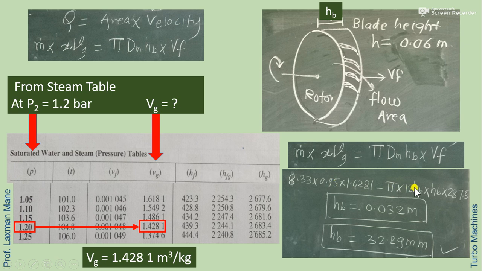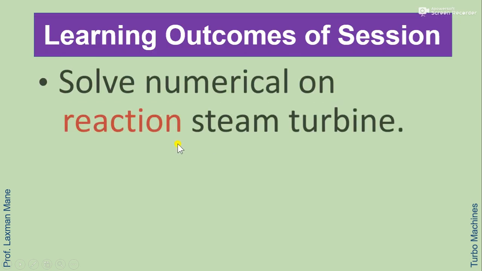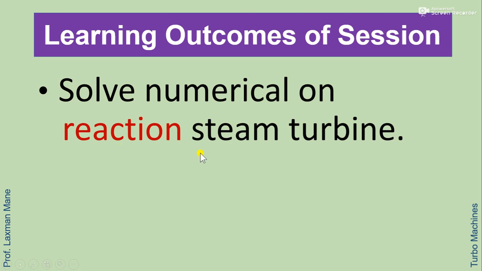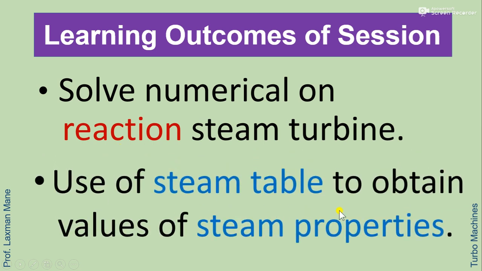So from this mathematical expression, you can get value of blade height in meter. So at the end of this session, you can solve numericals on reaction steam turbine, and you can use the steam table to obtain values of steam properties.